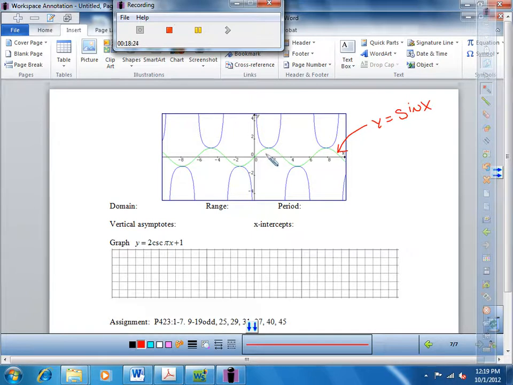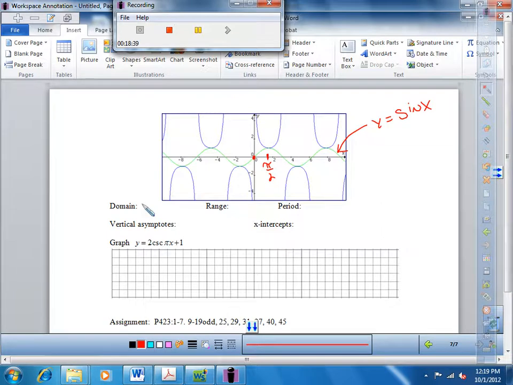Since this would be pi over 2 right here, the sine of pi over 2 is 1, and so the reciprocal of 1 is 1, and that's why you have a point right there. And then the sine of 0 is 0, and the reciprocal of 0 is undefined, that's why you have an asymptote right there. And there are asymptotes here, here, here, and here.